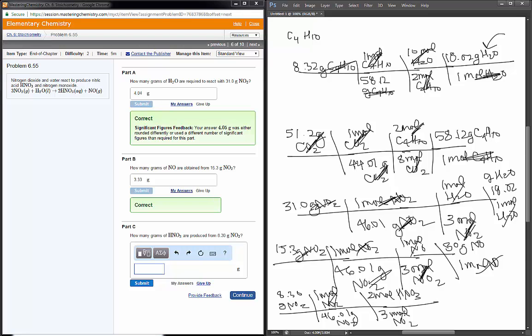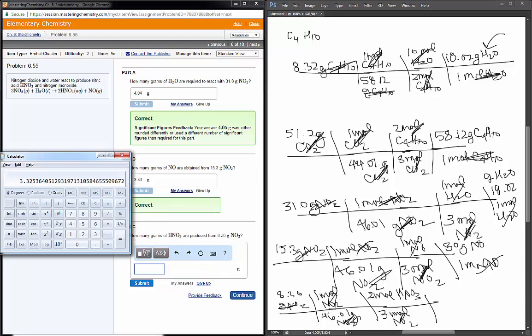So my moles of NO2 cancel. And then finally, I need the molar mass of HNO3: H 1.0079, nitrogen 14.01, 3 oxygens at 15.9994, and I get 63.02 grams per mole of HNO3.